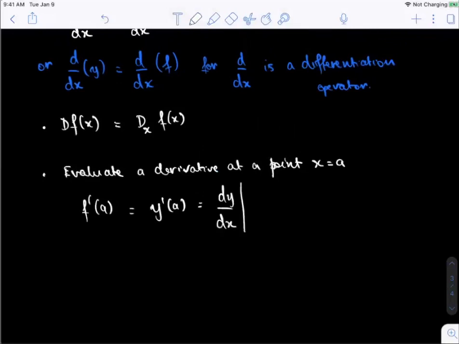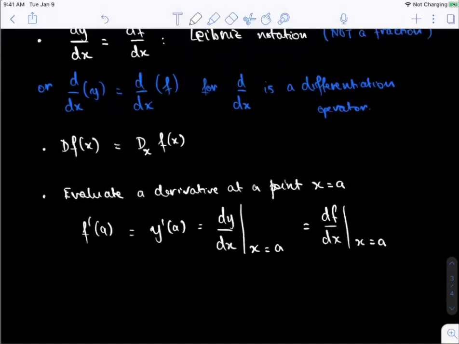The vertical line indicates that I want to evaluate dy/dx at x equals a, or evaluate df/dx at x equals a. The vertical line indicates that I want to evaluate the function at that given point.